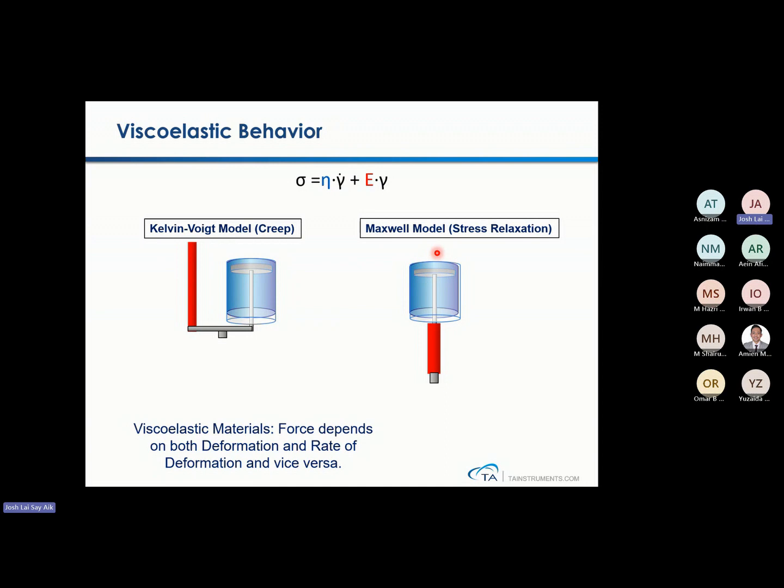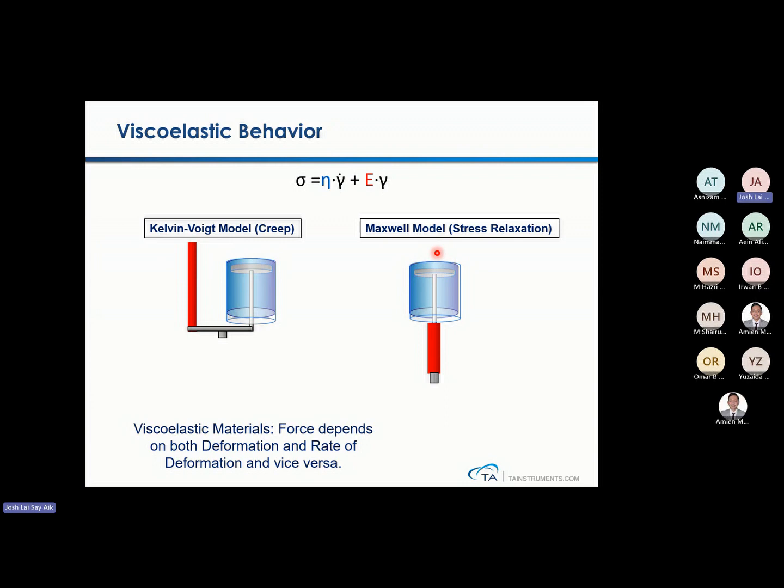So all materials like polymers, suspensions, emulsions on Earth are actually viscoelastic. They behave sometimes like a liquid, sometimes like a solid, always depending on the load you apply, or the environmental conditions like speed of deformation or temperature that you give them.